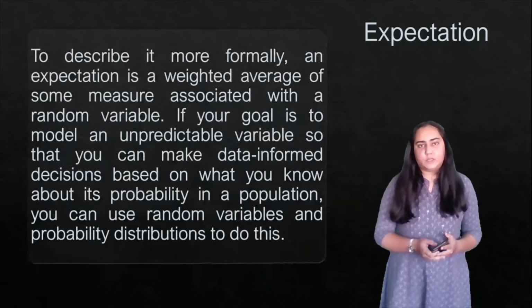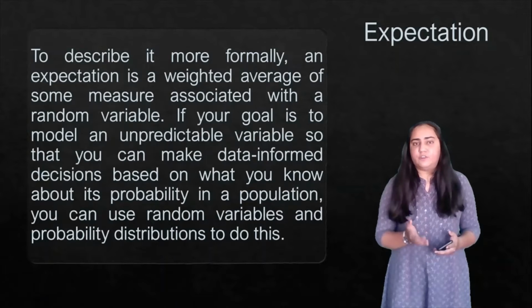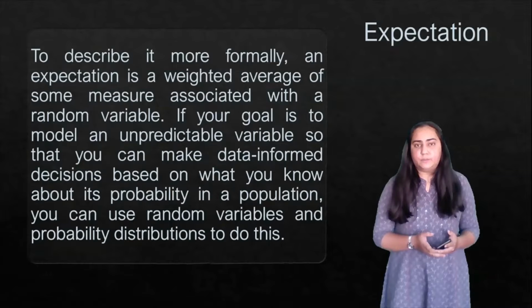What is expectation? To describe it more formally, an expectation is a weighted average of some measure associated with a random variable. If your goal is to model an unpredictable variable so that you can make data-informed decisions based on what you know about its probability in a population, you can use random variables and probability distributions to do this.